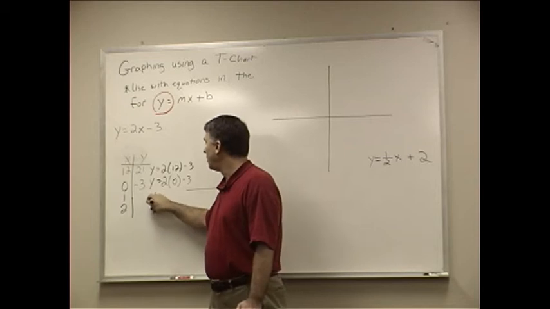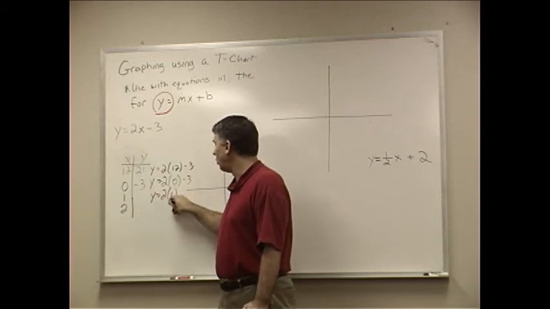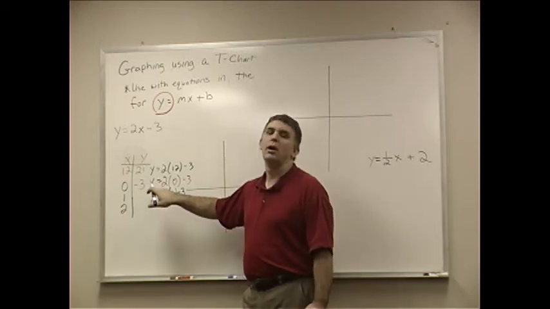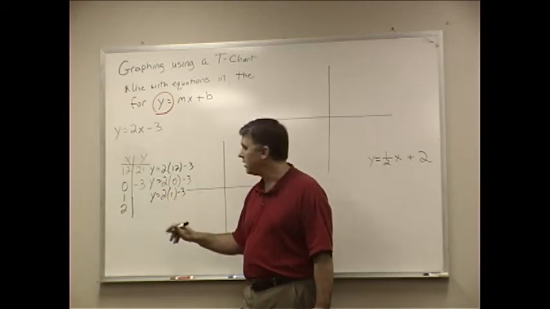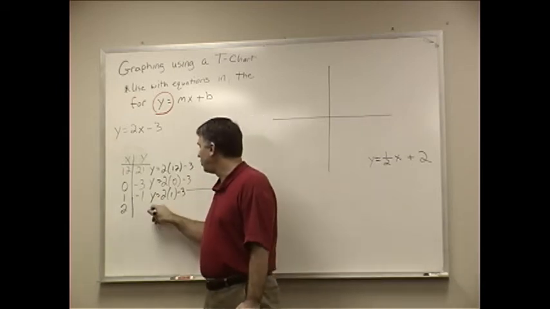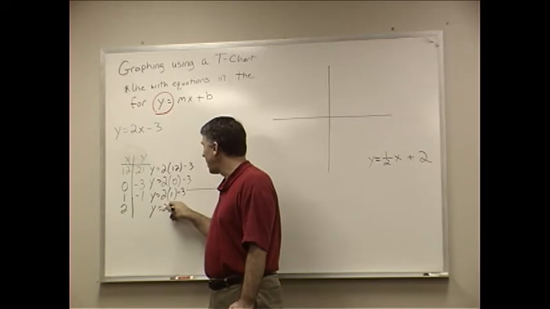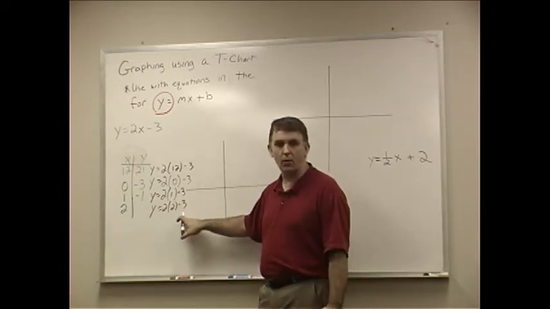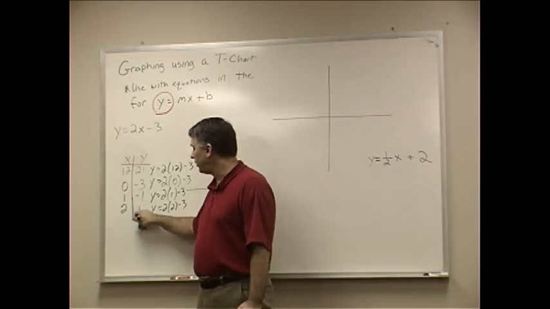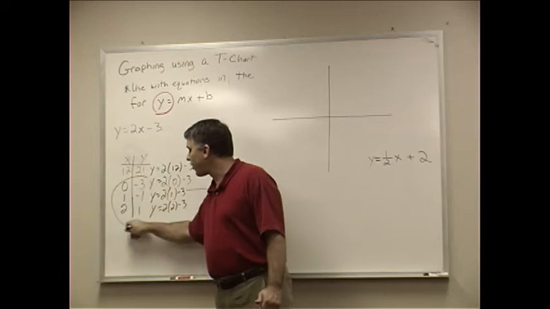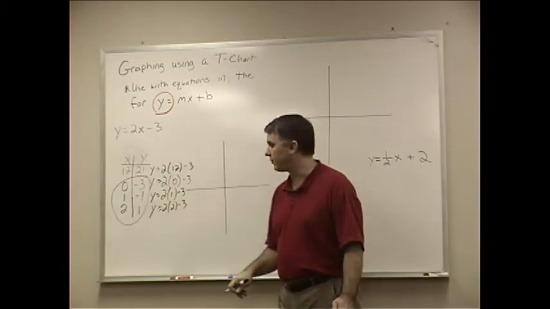For 1, y equals 2 times 1 minus 3. 2 times 1 is 2. And when you combine 2 and negative 3, you get negative 1. And for 2, y equals 2 times 2 minus 3. 2 times 2 is 4. Minus 3 is 1.